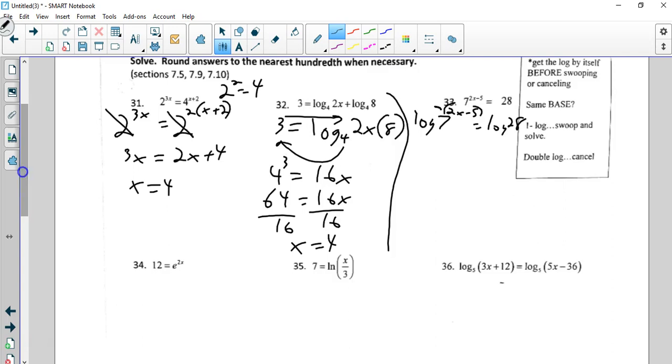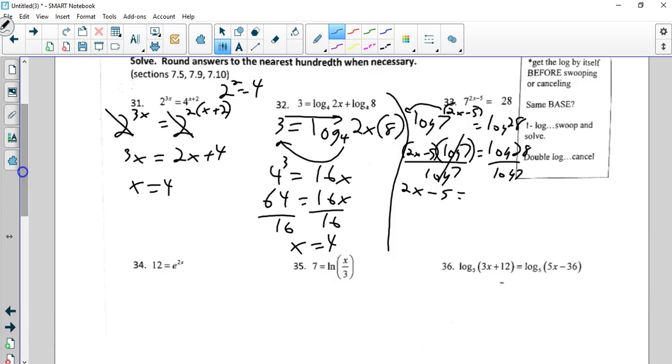Now I move last step first. 2x minus 5 times log 7 equals log 28. Now ultimately I'm trying to get that x by itself. So I need to get rid of the log 7. That cancels. I'm left with 2x minus 5 equaling a decimal. And that decimal is just log 28.